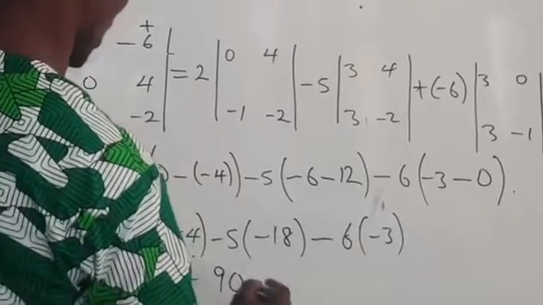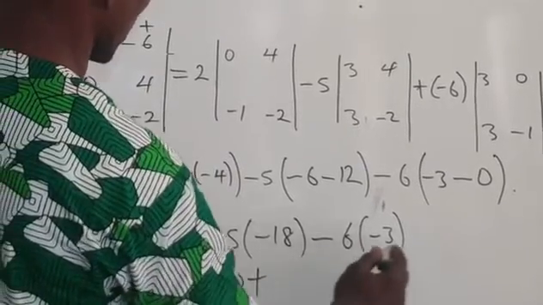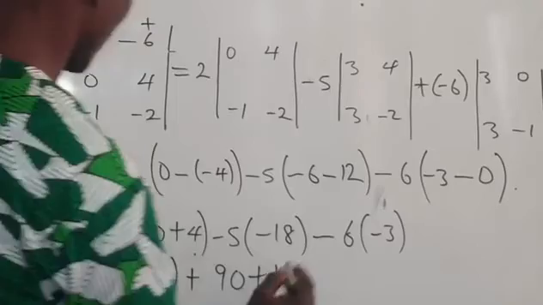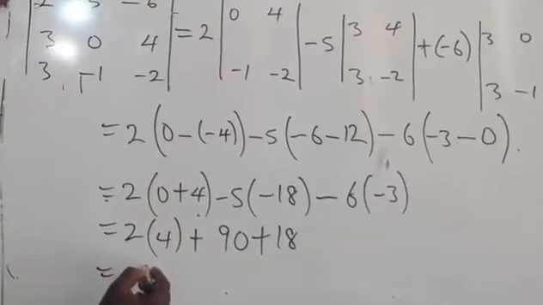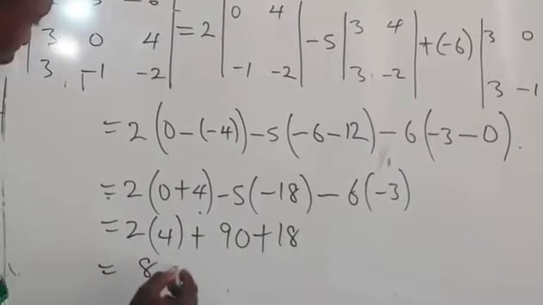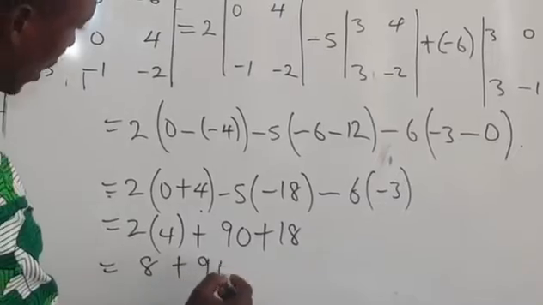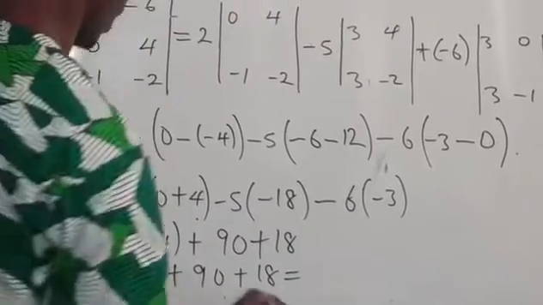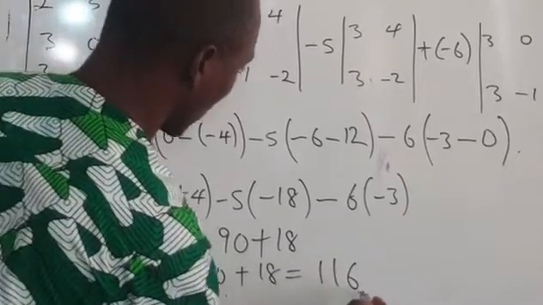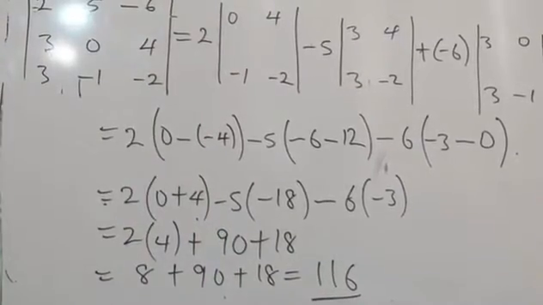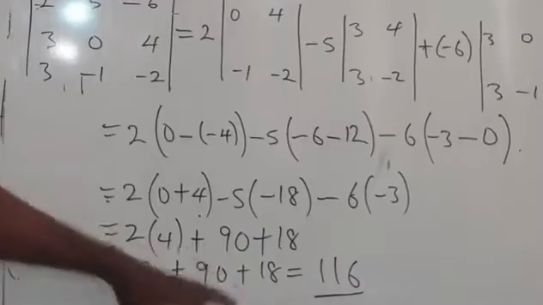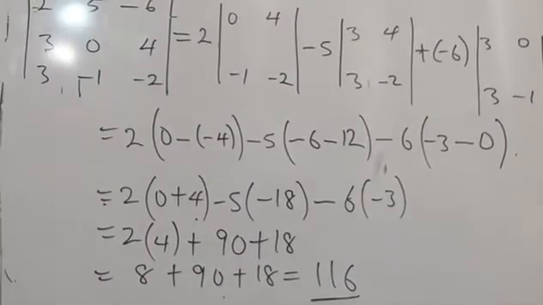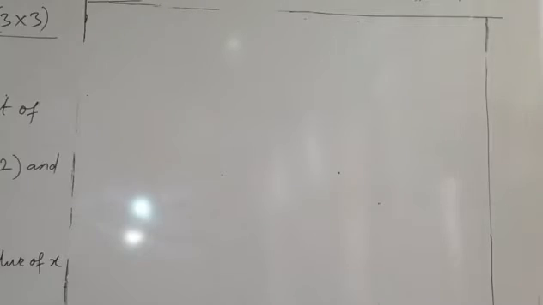Then minus times minus plus 6 times 3, 18. So we'll be left with 8, that is 2 times 4, 8 plus 90 plus 18. So which is equal to, that's 116. So the determinant of this 3 by 3 matrix is given as 116.